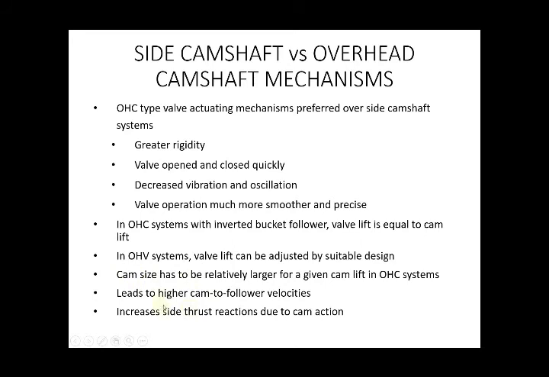So in order to open the valve to a larger extent, a larger cam is needed, and machining such larger cams will lead to larger or higher cam to follower velocities. So we cannot simply increase the size of the cam. There is a particular ratio beyond which the cam size cannot be increased.